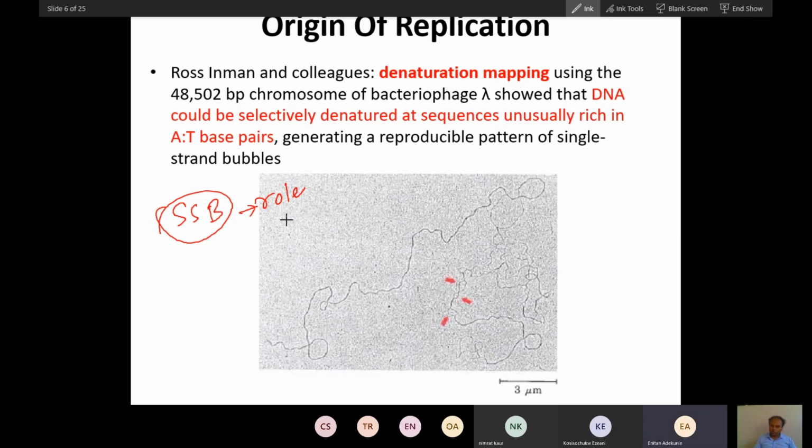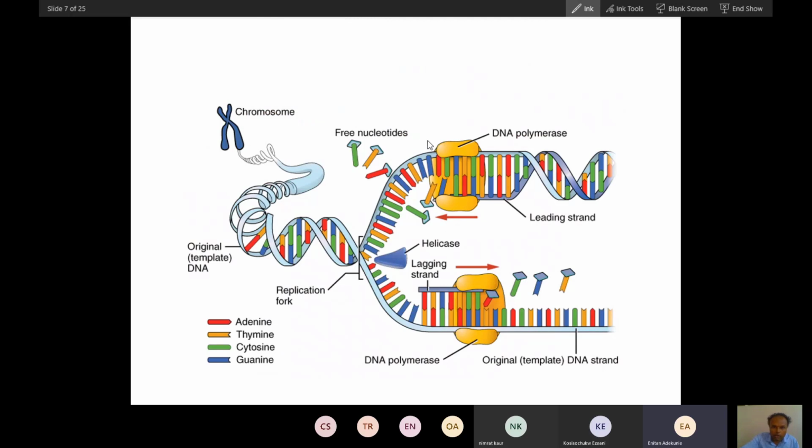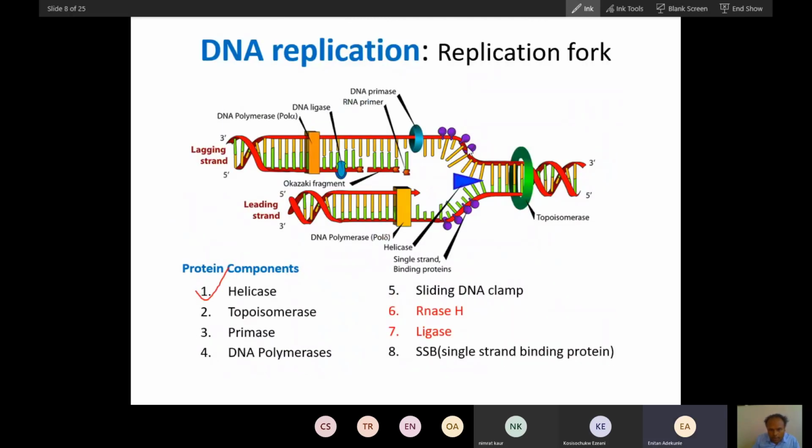As the name suggests, when strands are separated, the single strand will not be that stable. So the single strand binding protein will stabilize the separated single strand. Did you get that? So where is the function of ligase in DNA synthesis?